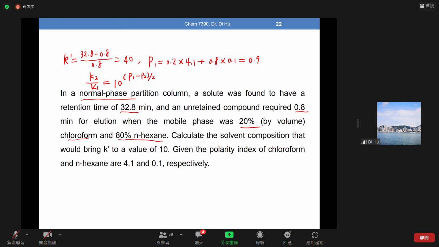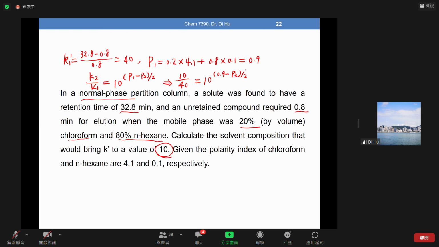Now what is K2? K2 is 10, right? So we get 10 over 40 equals 10 to the exponent of (0.9 minus P2) divided by 2.